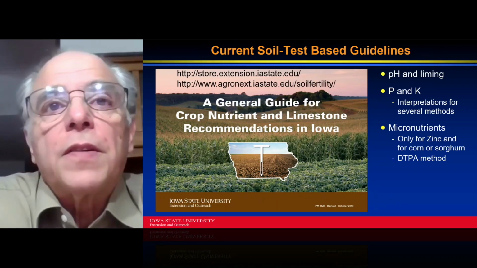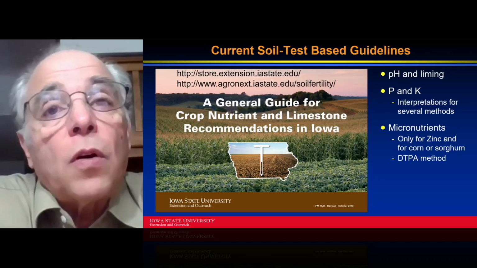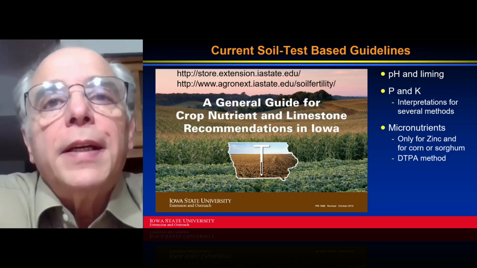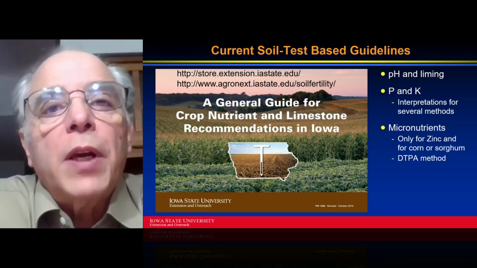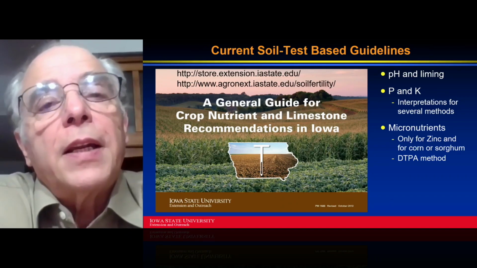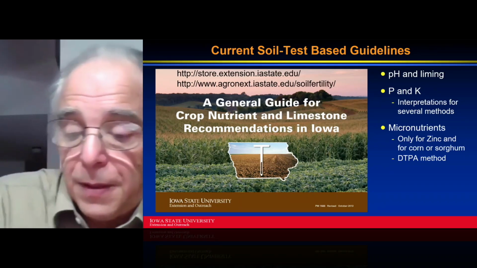And for micronutrients, this is important, we have only zinc, for corn and sorghum. That's the only micronutrient that we have that we can trust after many years of research. And our interpretations are for the DTPA method, okay?